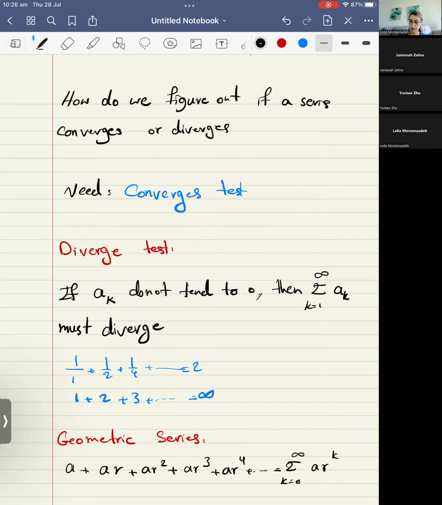It means a is the first term, or the starting term, then times by r. Yes, times by r, where r is the common ratio.